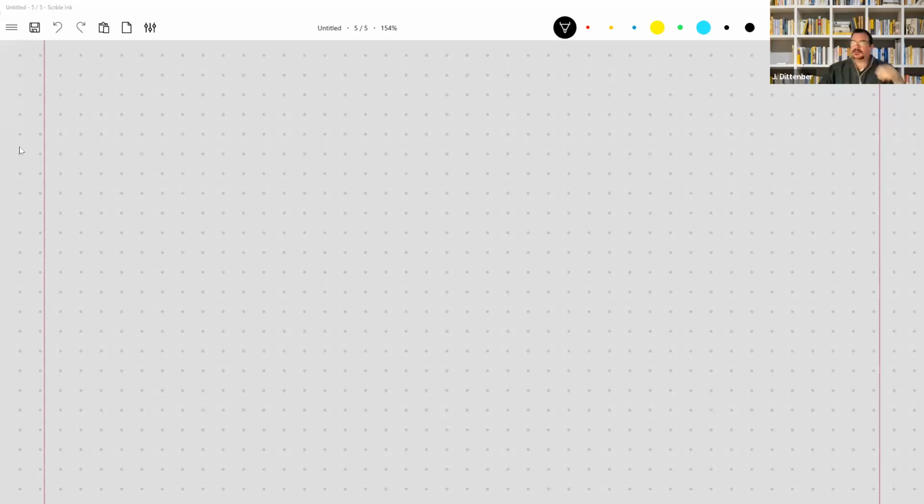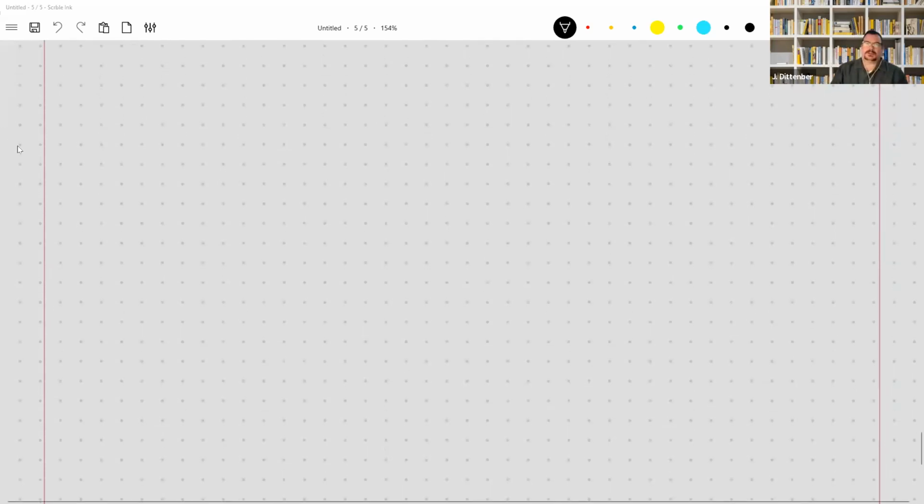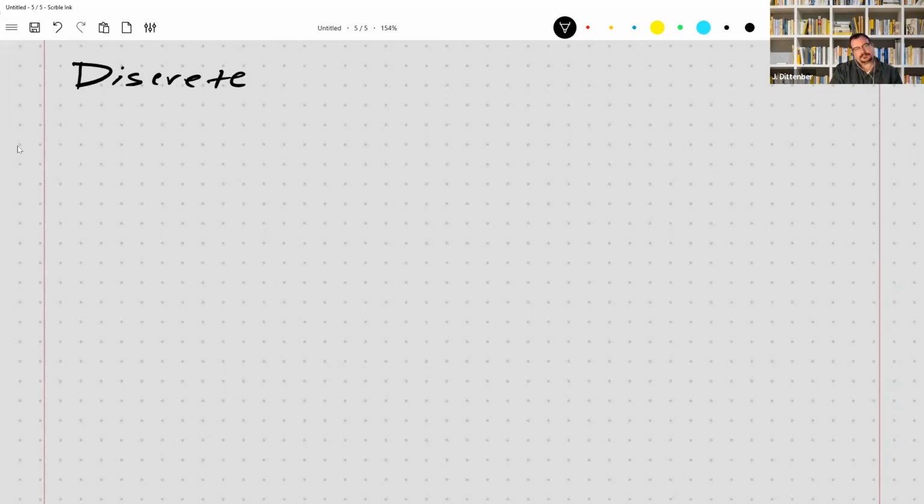Okay, great. So first of all, let's talk about discrete sample space. Now, I talked about what it means. What does discrete mean? You've probably heard of discrete data. It's data that cannot take on partial values. So it can't be a fractional value, it can't be a decimal.